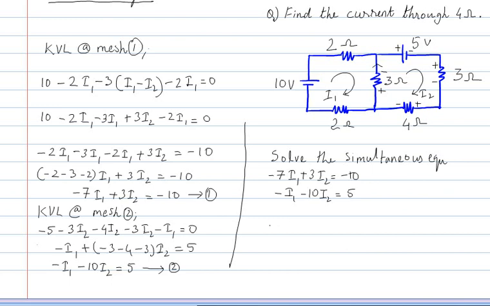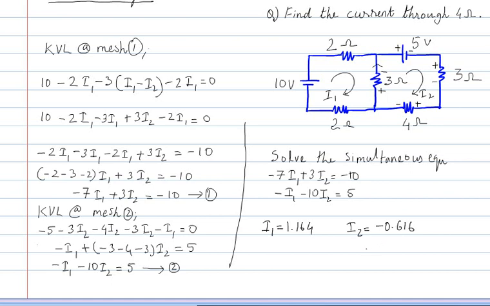So using the calculator, we will get the value of I1 to be equal to 1.164 and the value of I2 as minus 0.616. You can check it.